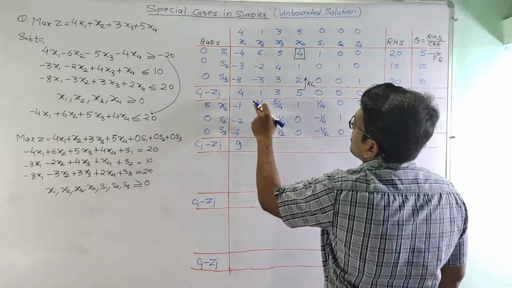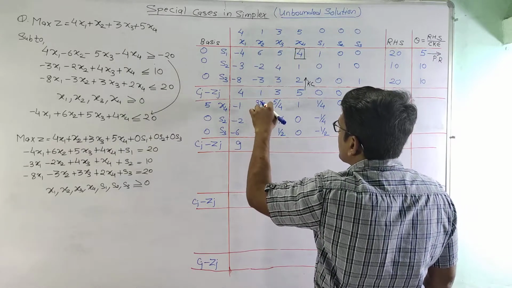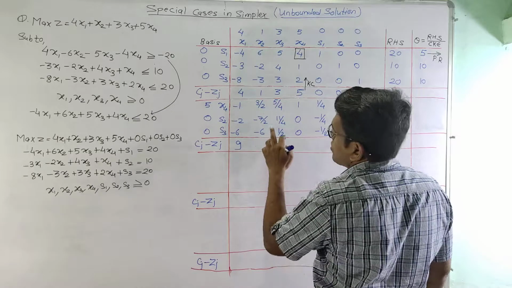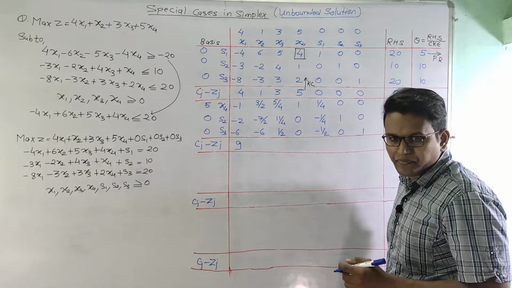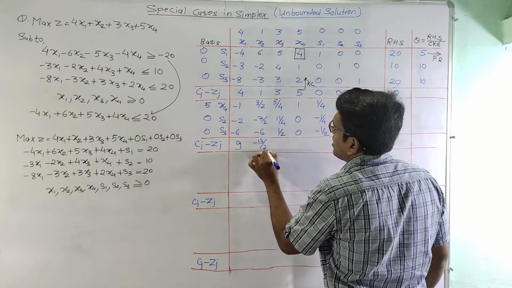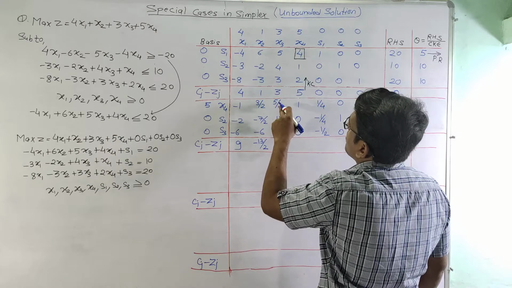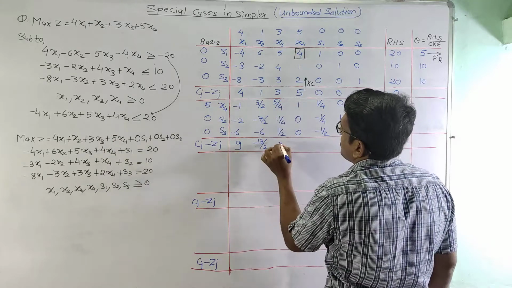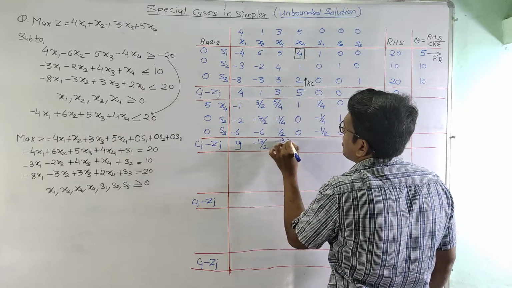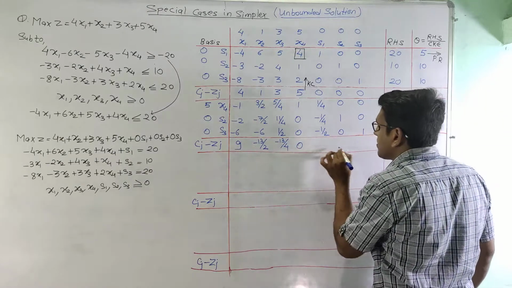And this will be 15/2. 1 minus 15/2 will become minus 13/2. Similarly, we have 5 into 25/4 is 12. This will be minus 13/4. And these are the basic variables.